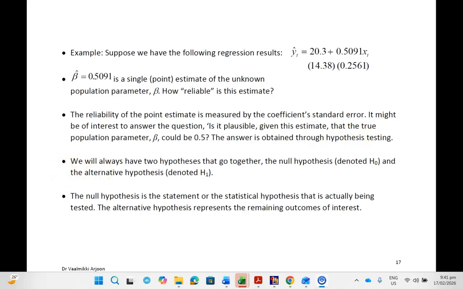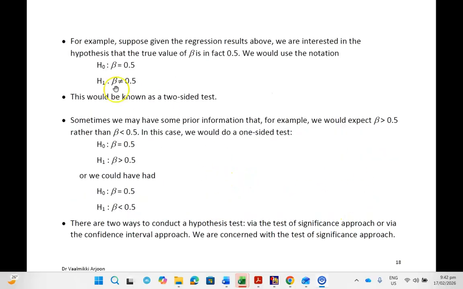So you have two hypotheses, the null and the alternative. The null hypothesis is H0 and the alternative is H1. The null hypothesis is the statistical hypothesis that is actually being tested, and the alternative represents the remaining outcomes of interest. Let's say we are interested in the hypothesis that the true value of beta is 0.5.